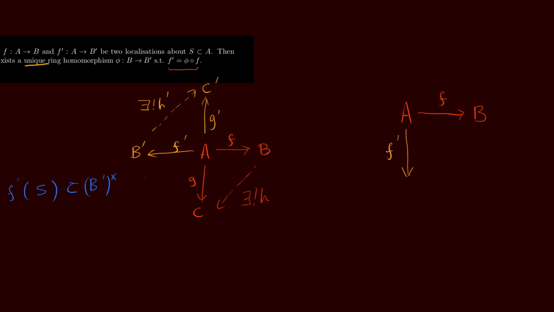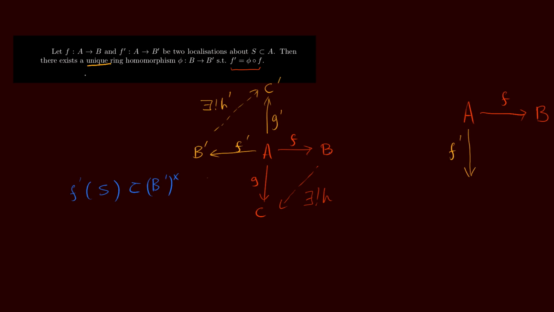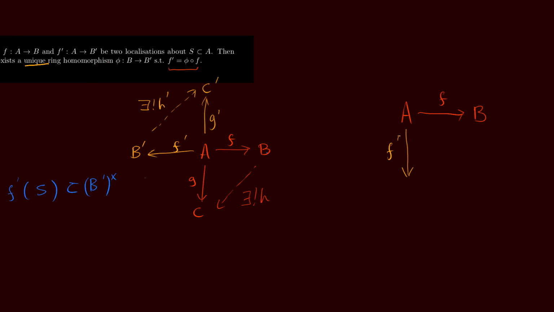This localization satisfies condition number 2, namely that it is a ring homomorphism which maps S into the group of units. And then we're told that there exists a unique ring homomorphism from the localization to the codomain of this map, which in our case, we've chosen our map to be F prime, whose codomain is B prime.